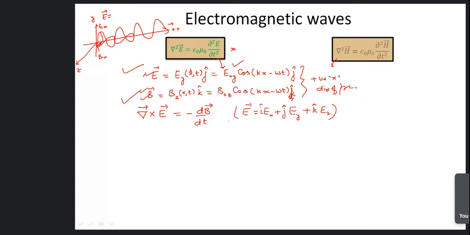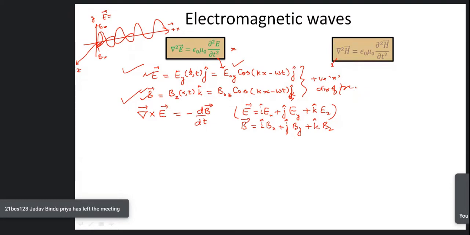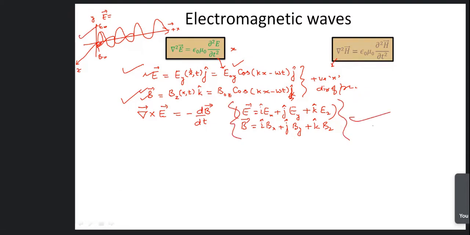And similarly, you can write the B field as having all the components. B is i cap Bx plus j cap By plus k cap Bz. This is not for this electromagnetic wave. This is for an electromagnetic wave which is propagating in all possible directions.